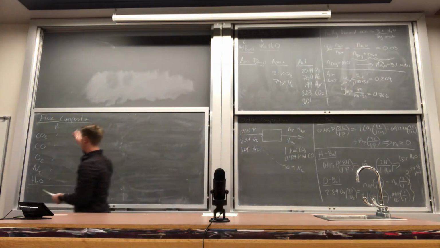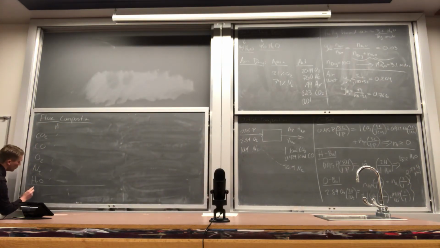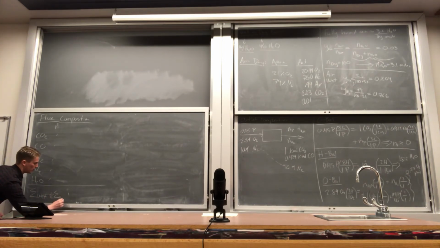We just fill in those numbers. And then down here, we have a total summation. Now I will do this for the wet gases, which includes water, and summation of all of the dry gases. And so from these we get N wet and N dry.